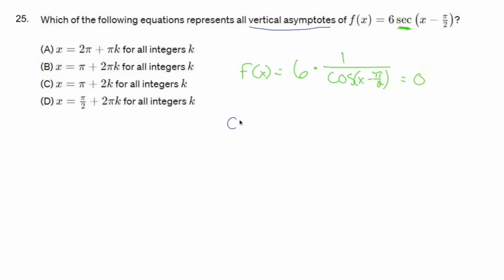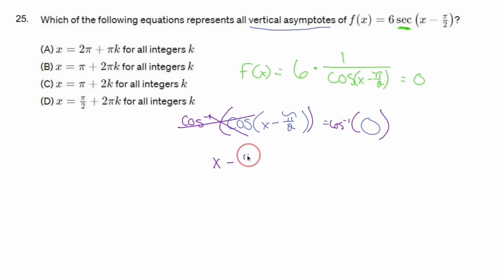It doesn't tell me anything about the vertical asymptotes. So if I have cosine of x minus pi over 2 equals 0, and I want to get x by itself, since I have cosine of stuff, right away I can inverse cosine both sides. That leaves me with x minus pi over 2 equals whatever the inverse cosine of 0 is.